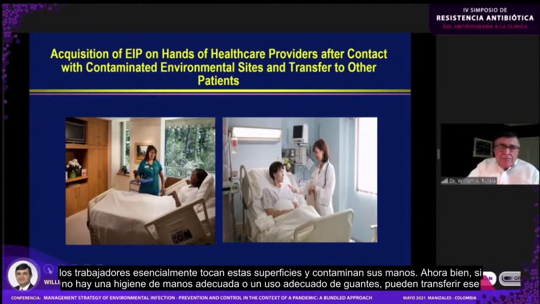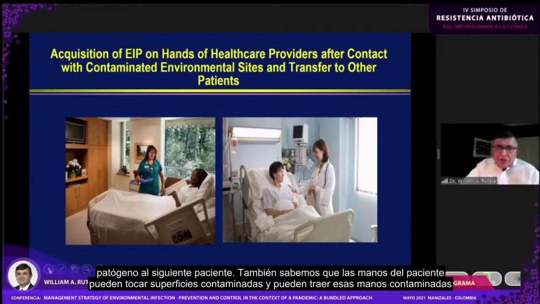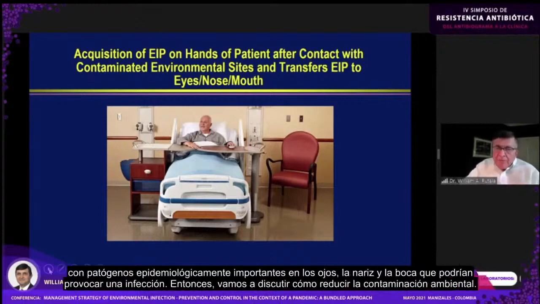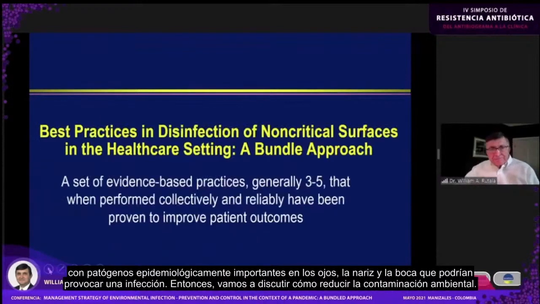Now, if there is not proper hand hygiene or appropriate glove use, they can transfer that pathogen to the next patient. We also know that the hands of the patient can touch contaminated surfaces, and they can bring those contaminated hands with epidemiologically important pathogens to their eyes, nose, and mouth, which could result in infection.